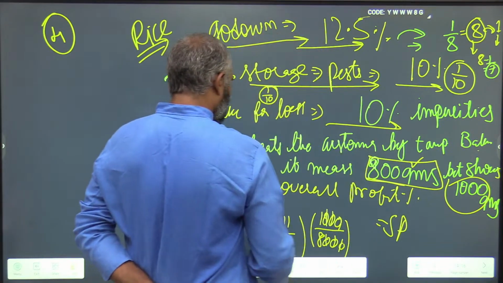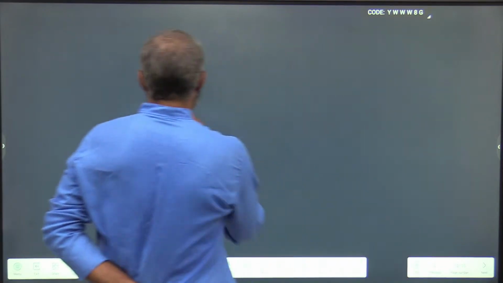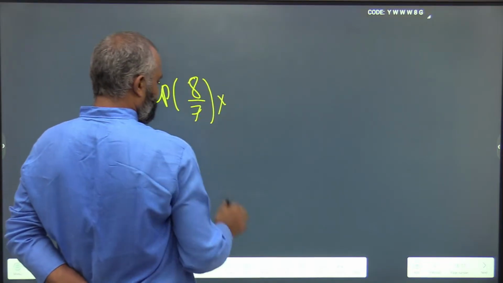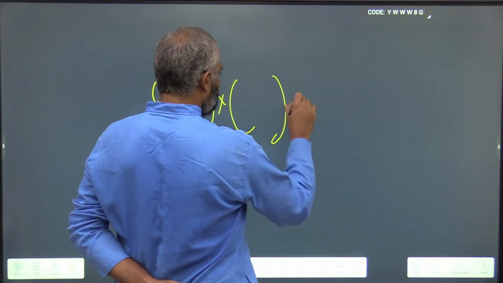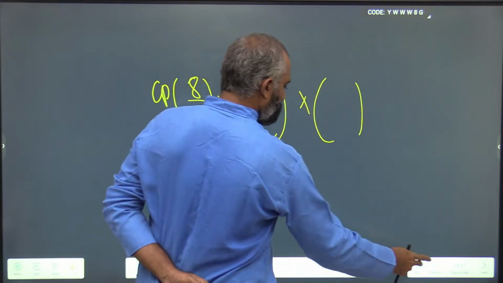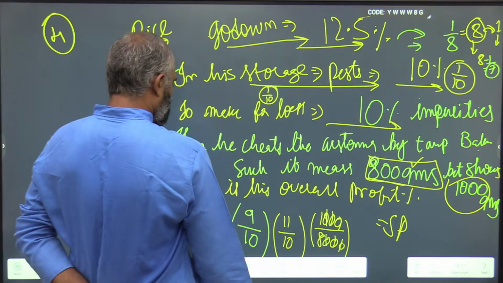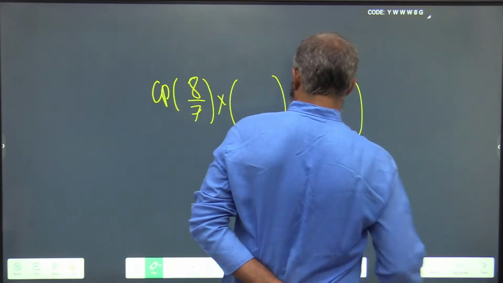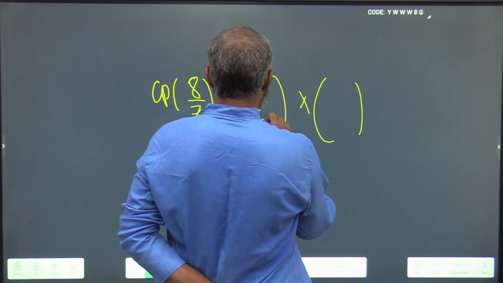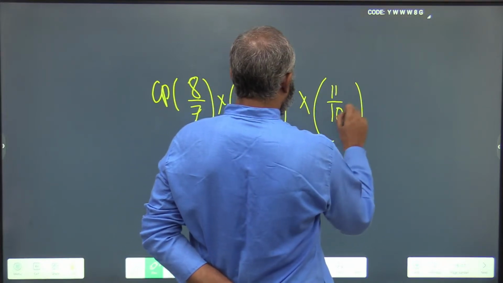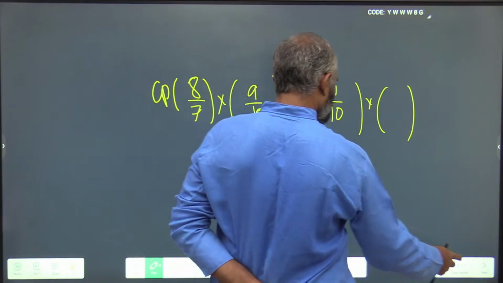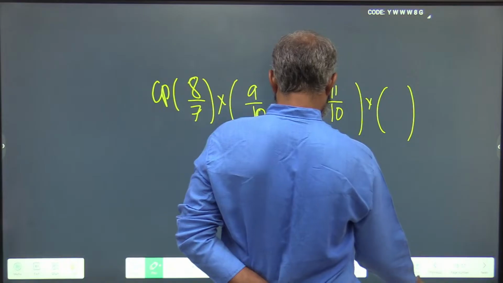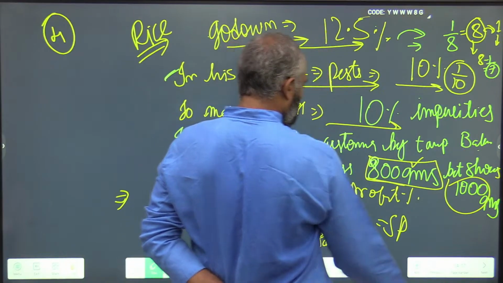Now the whole factor is going to be CP into 8 by 7 into 9 by 10 into 11 by 10 into 10 by 8.